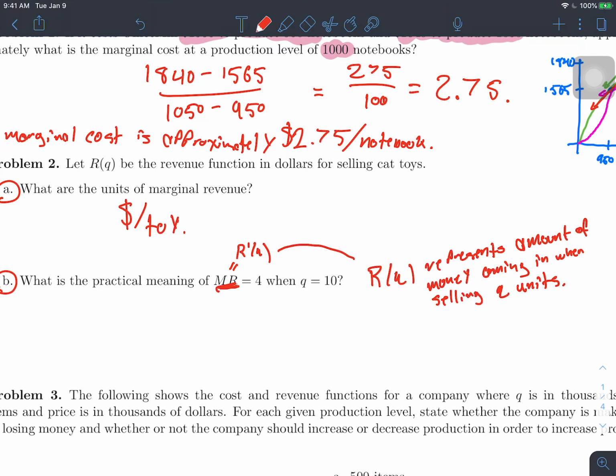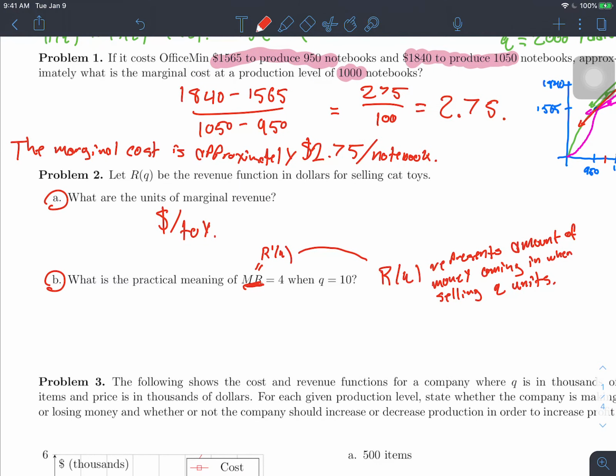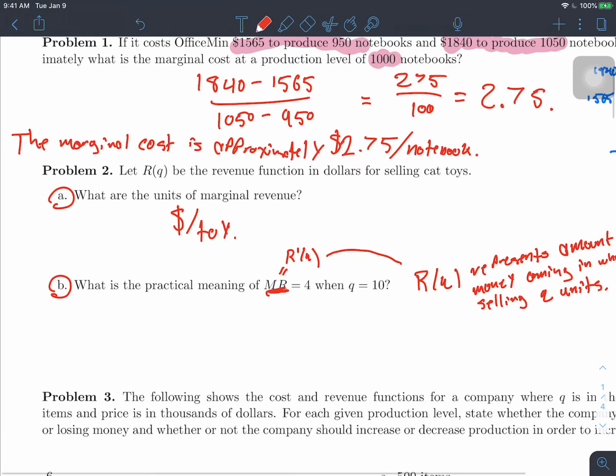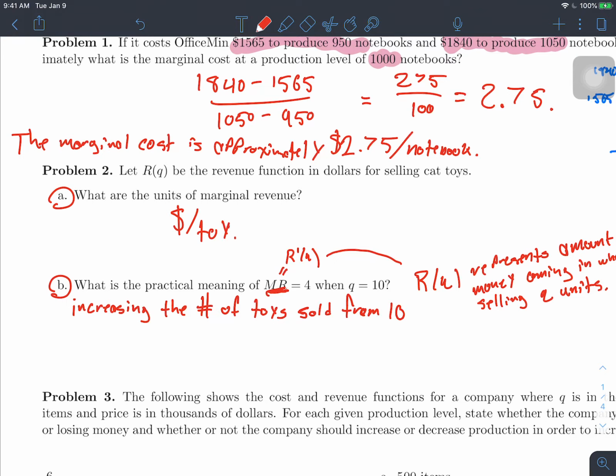Did you have a question, Derica? Okay. So the way that we're going to write this down is, and it's a little bit convoluted of a concept, the way I'm going to write it is increasing the number of toys sold from 10 increases revenue at a rate of $4 per toy.